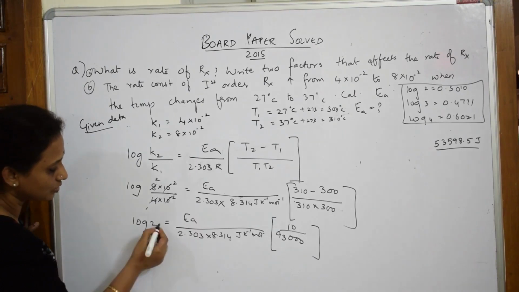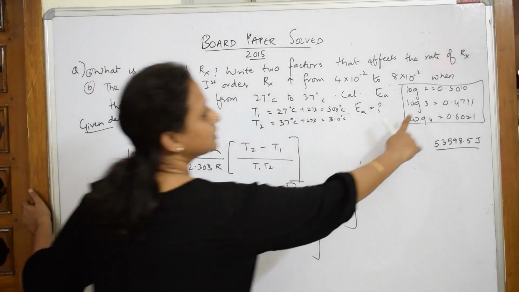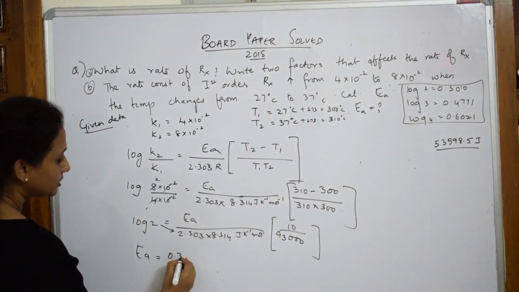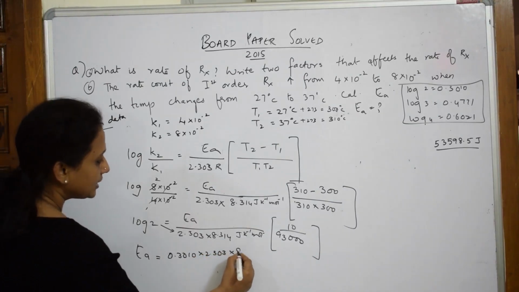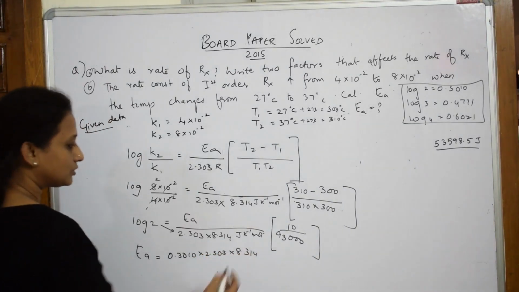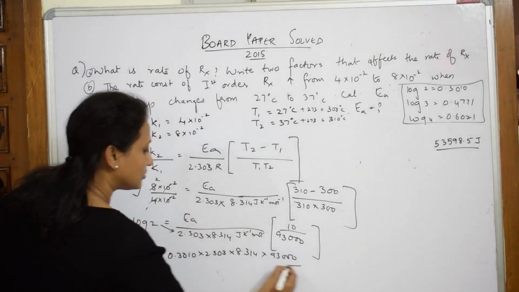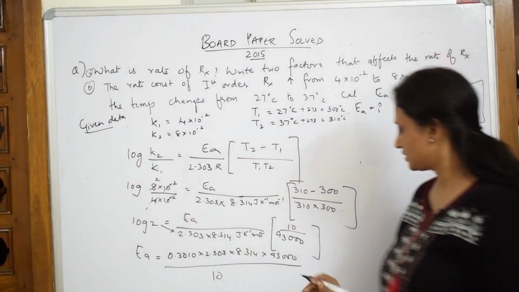Now I can easily find EA. EA is equal to, cross multiply, log 2. What is the log 2 value given to us here? They have given 0.3010. So 0.3010 into 2.303 into 8.314 into 9300 divided by 10. Simple. Yes. So what do I get?